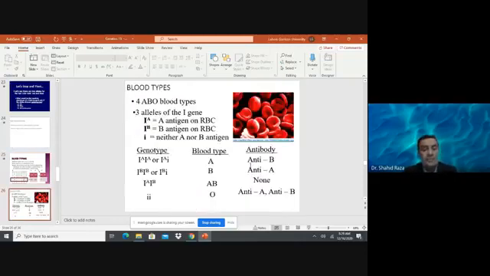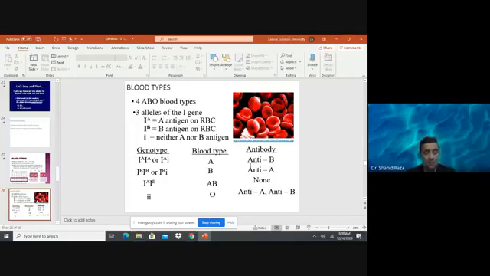As we discussed, there are four blood types and three alleles of the I gene. In the case of blood type A, A is the antigen on RBC. In the case of blood type B, B is the antigen on RBC. And in the case of blood type O, there is neither A nor B antigen.